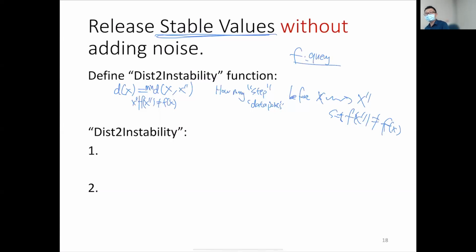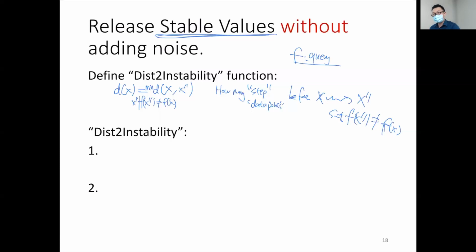It could be argmax, it could be finding the top K most popular movies, and X prime and X are data sets, the user statistics, their viewing history, and so on. So how many users do I have to add or remove in order for me to change the top K most popular movies, say within the past weeks, right? So this is a critical function called distance to instability.